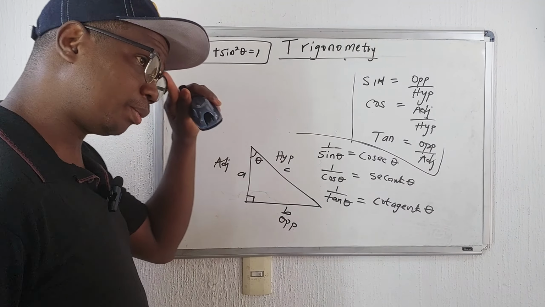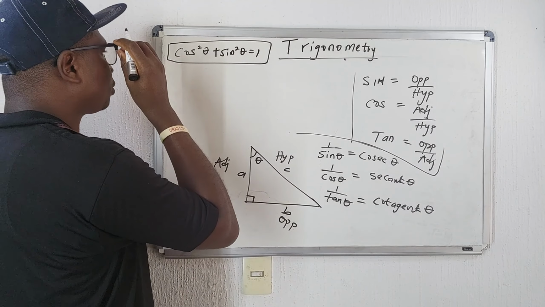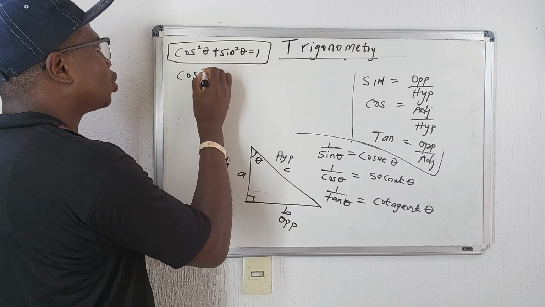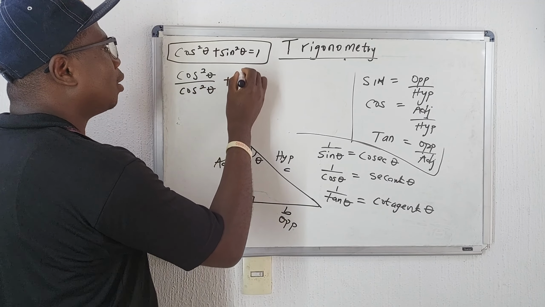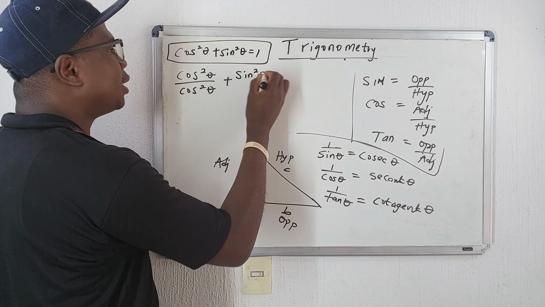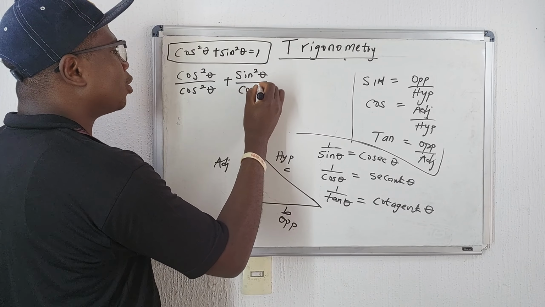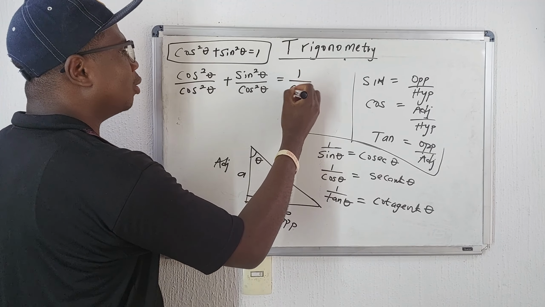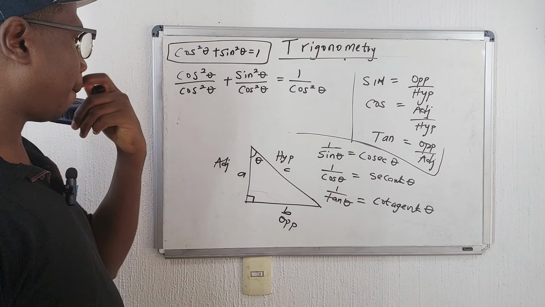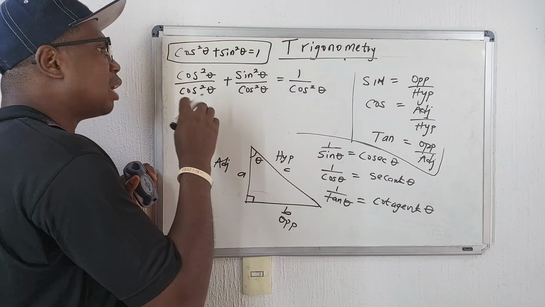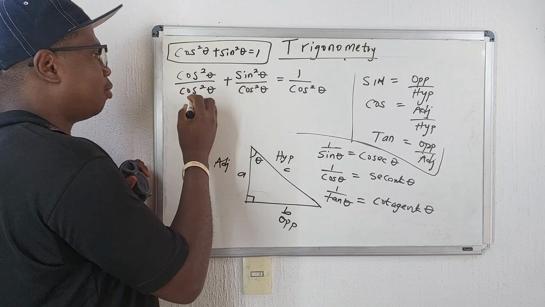Cos squared theta. We have cos squared theta over cos squared theta plus sine squared theta over cos squared theta equal to 1 over what? Cos squared theta.